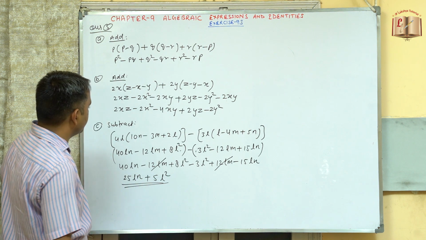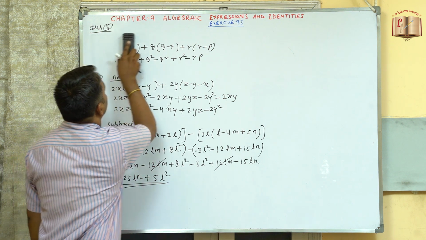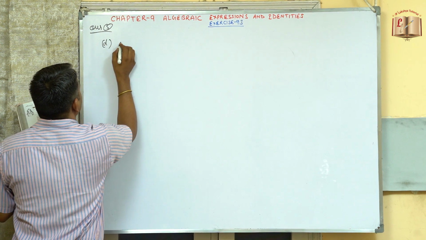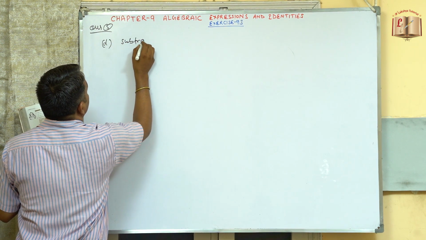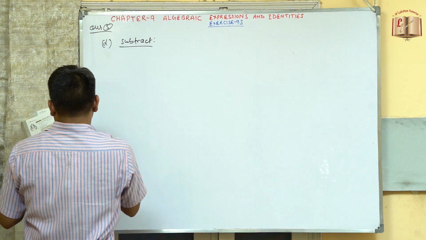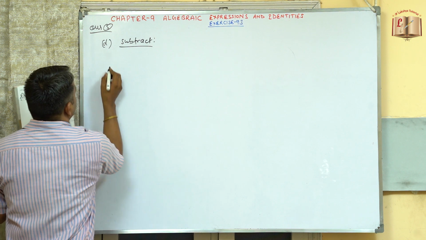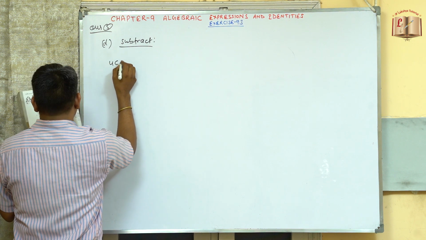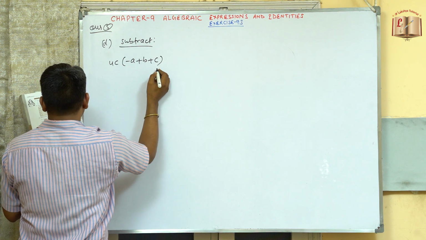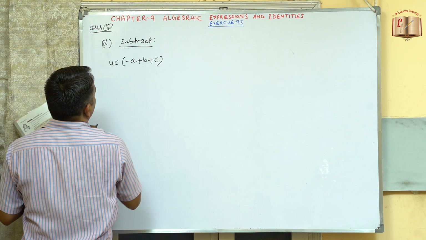Similarly, we will take up the next part. Now coming to the D part. Again we need to subtract from this expression. This is now 4c times minus a plus b plus c. From this expression we need to subtract.